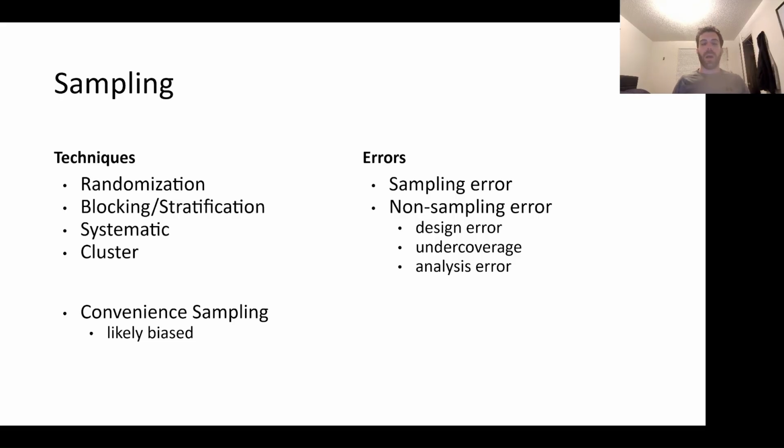Systematic sampling, on the other hand, is closely related to randomization, but instead of picking randomly, let's say your population consists of 100 people, which is very low for a population, but just for the sake of this example, and you have the budget to study 10 of them.